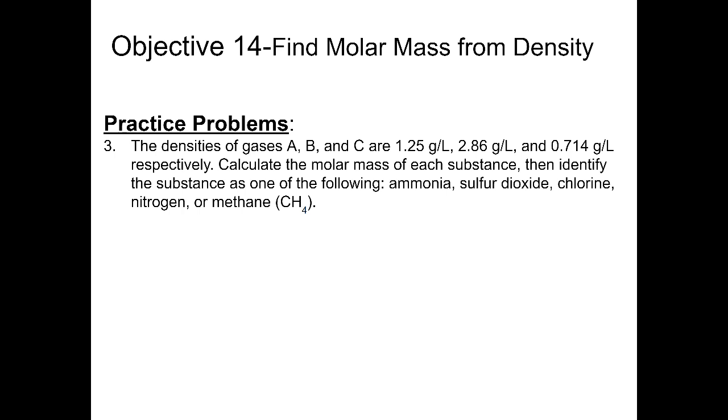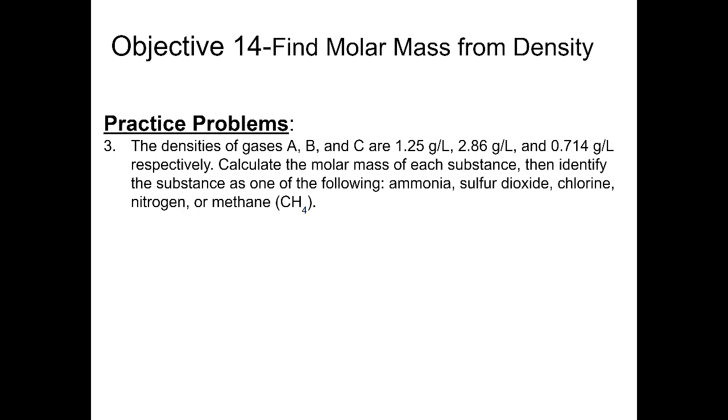Molar mass is grams per mole, so we want to get rid of our liters and substitute in a mole. So we're going to put 22.4 liters on top, because we want our liters to cancel, and we know that 22.4 liters is also equal to 1 mole. This is another example of a great opportunity, because we have grams over moles, which is exactly what we want for molar mass.